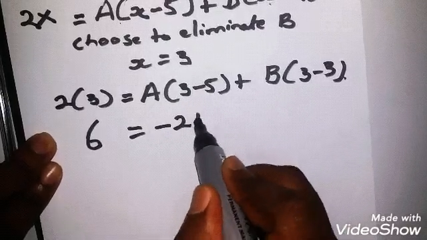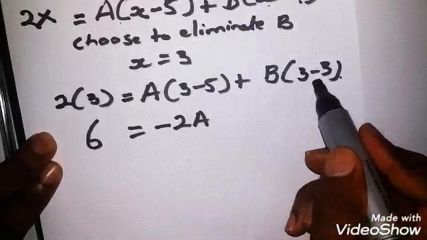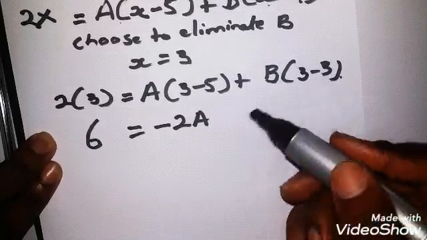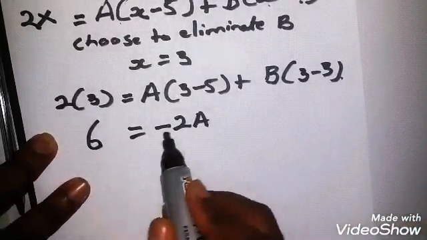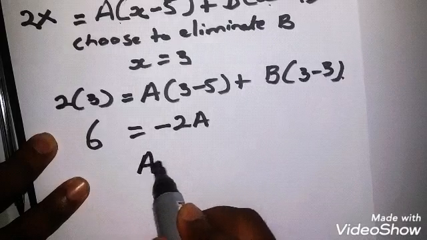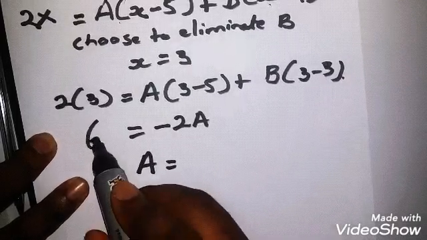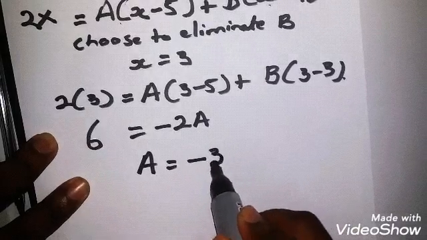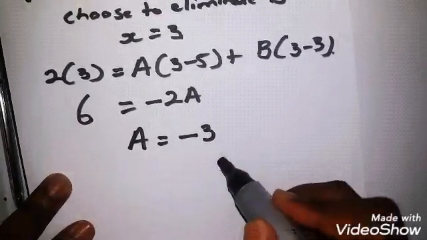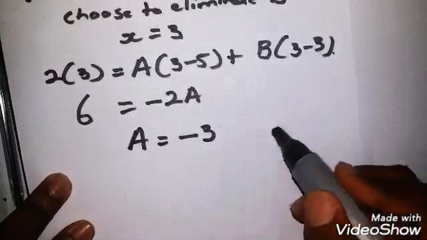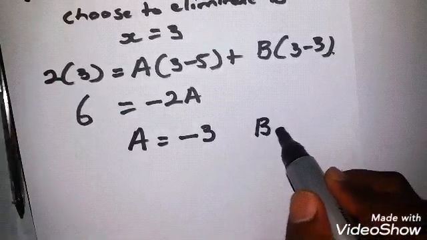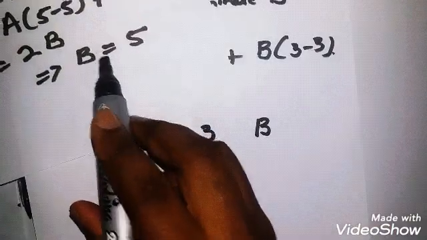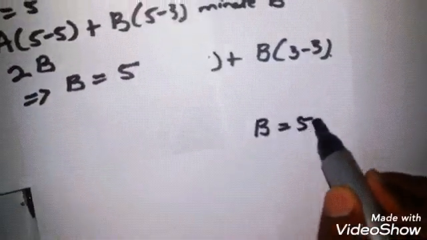So negative 2A plus B multiplied by 0, 0. So A will be 6 divided by minus 2, which will give us negative 3. So our value for A is negative 3. Our value for B is 5, as we saw earlier.